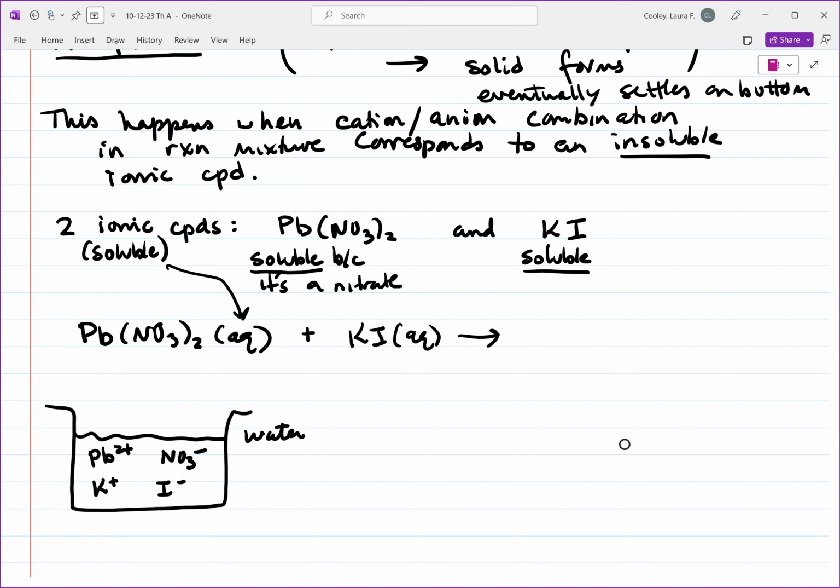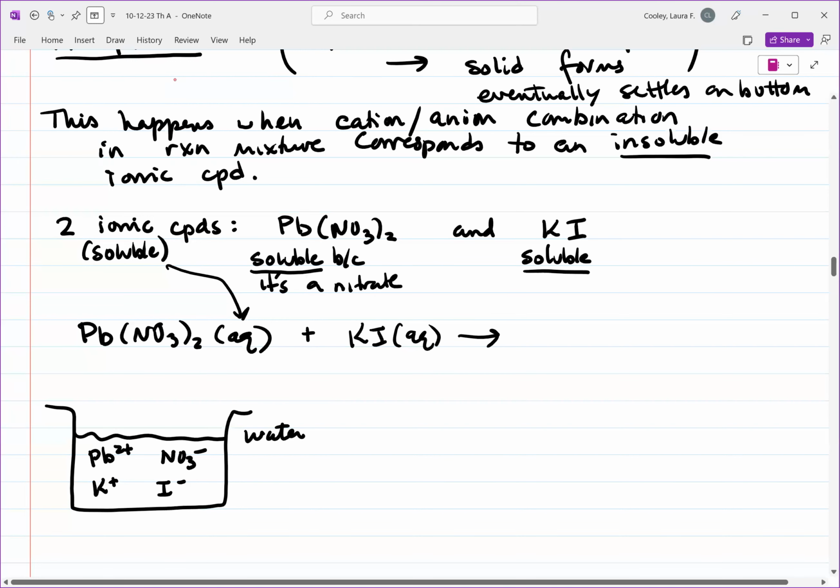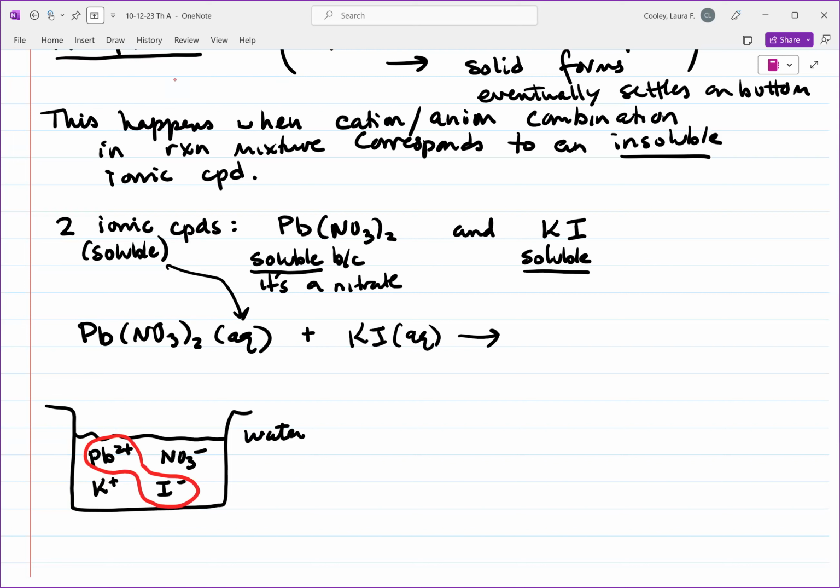Exactly. So we see that if the lead comes in contact with the iodide here, there we go. So that is a combination that corresponds to an insoluble ionic compound. So what happens is you have all these ions sort of floating around in solution, and they're all encountering each other. Because of the attraction of positive and negative charges, the plus and minuses are probably encountering each other more than negative and negative, or plus and plus, because they're attracted to each other, not repelling each other.